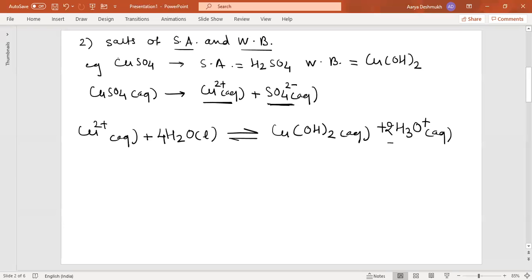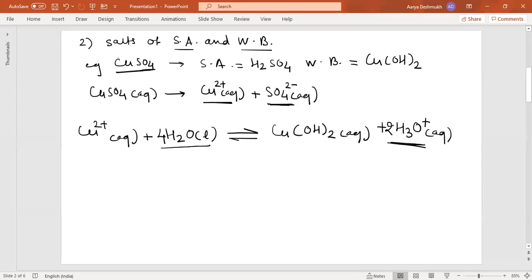Now due to the presence of excess of H3O+ protonium ions here, copper sulfate solution will become acidic in nature. Whether the salt solution will be acidic, basic or neutral is decided by the further reaction when it actually undergoes hydrolysis.